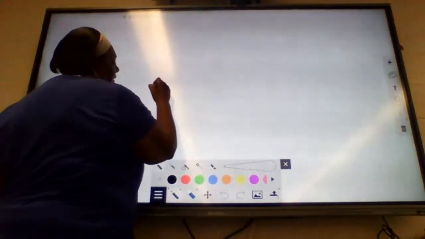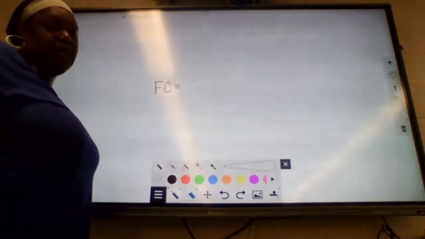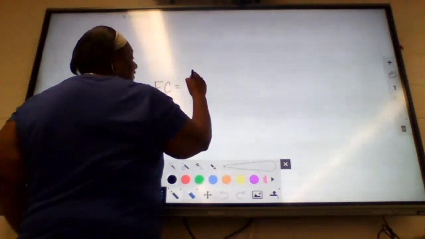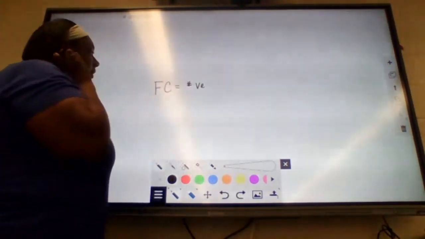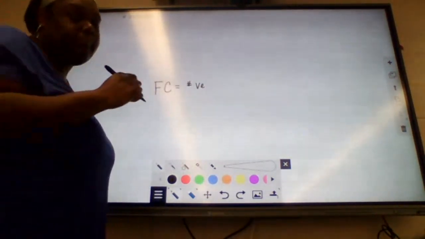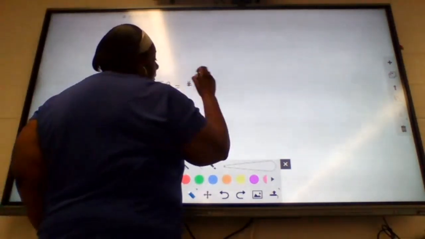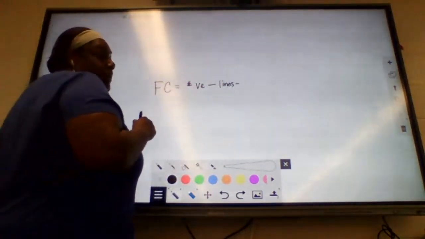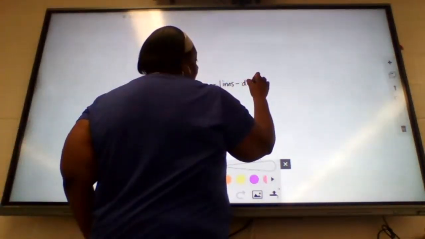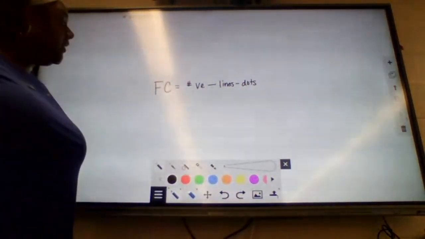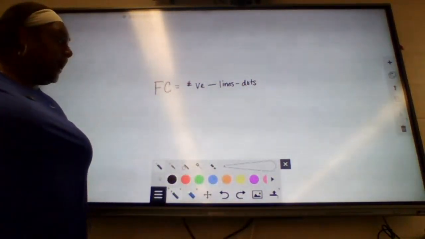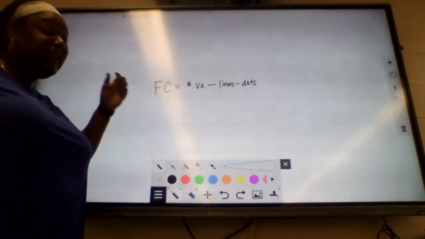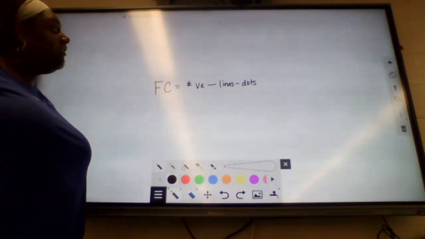The answer is that the formal charge equals the number of valence electrons for that atom, minus the number of lines, minus the number of dots. So in order to calculate a formal charge, you actually have to have a Lewis structure drawn.